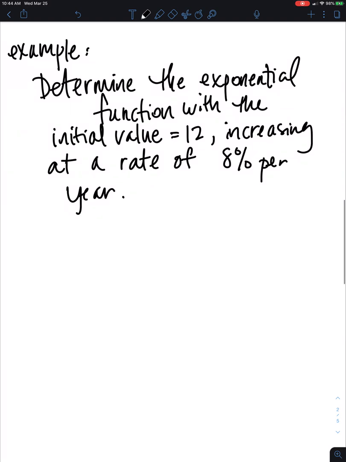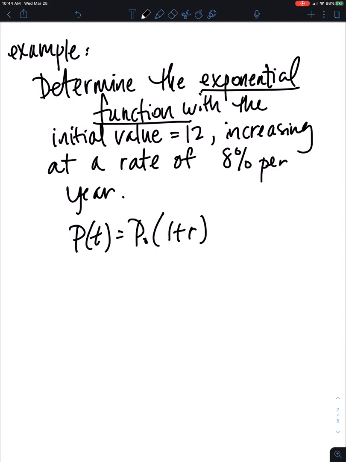Next example is we're going to write the exponential function. Okay, let's remember from the beginning what it looks like. Okay, so determine the exponential function with the initial value equaling 12, increasing at a rate of 8% per year.